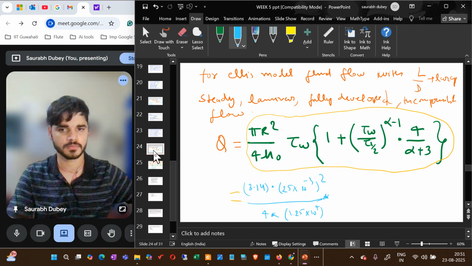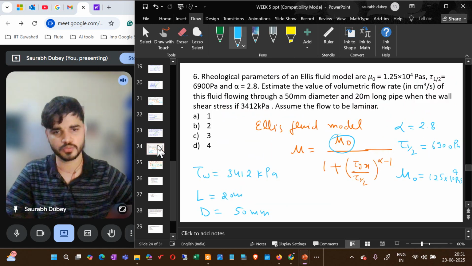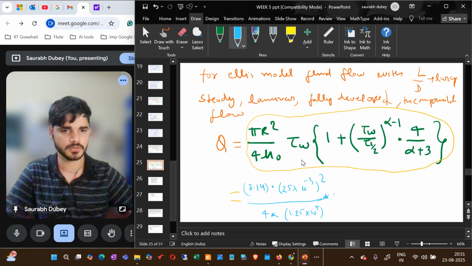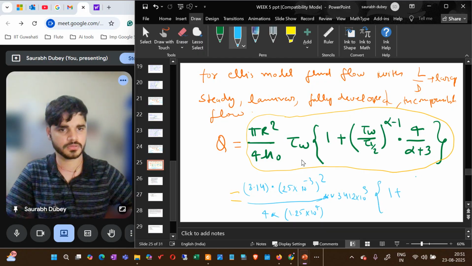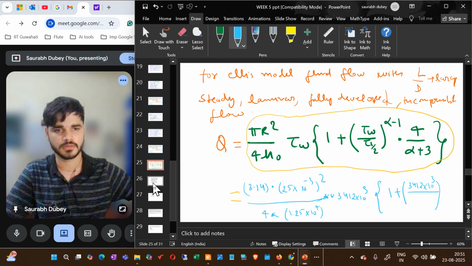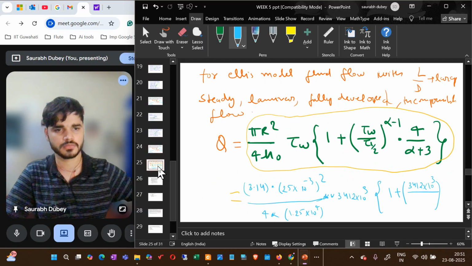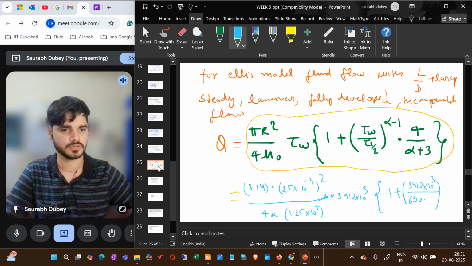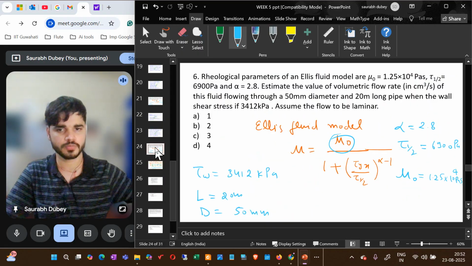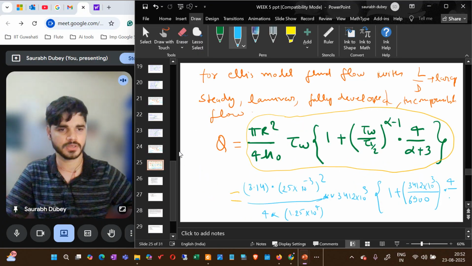Tau w is 3412 kilopascal, that is 3412 into 10 power 3, into 1 plus 3412 into 10 power 3 divided by tau half. Tau half is 6900, to the power alpha, divided by 4 upon alpha, alpha value is 2.8.